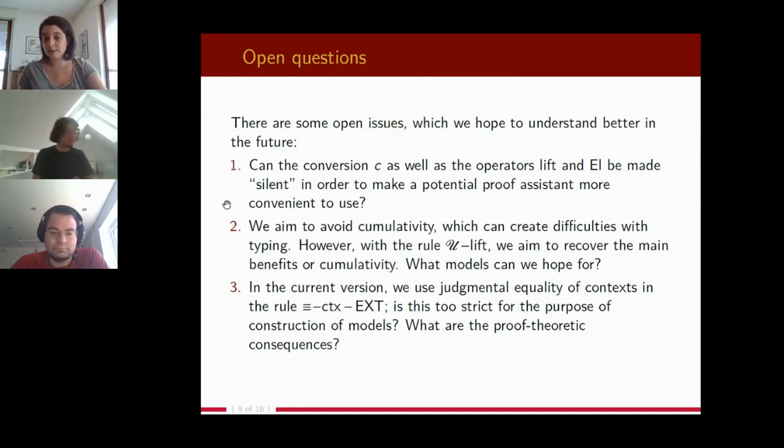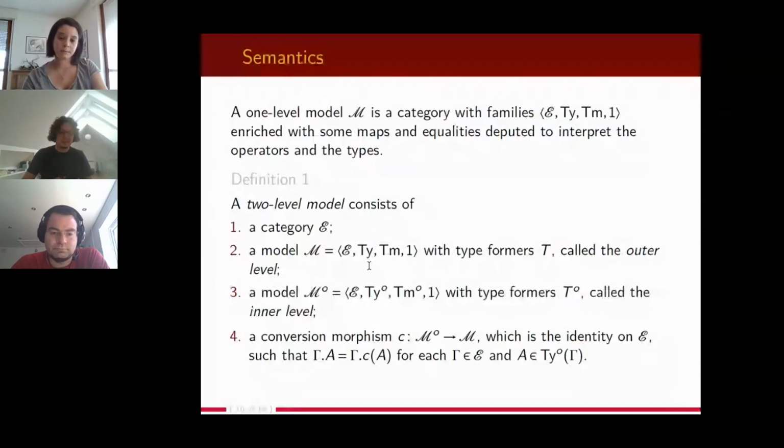So it is a category with family E, TY, TM, and 1 with a certain set of typeformers. We will have the usual inductive types, and here equality is strict.